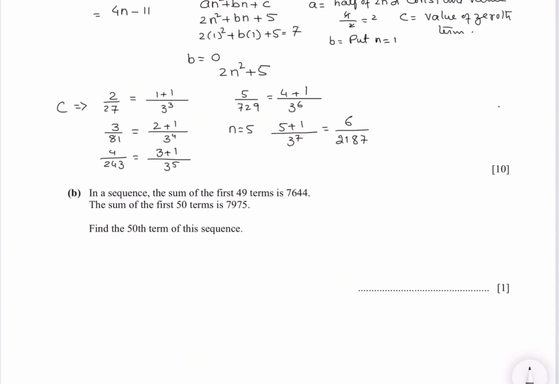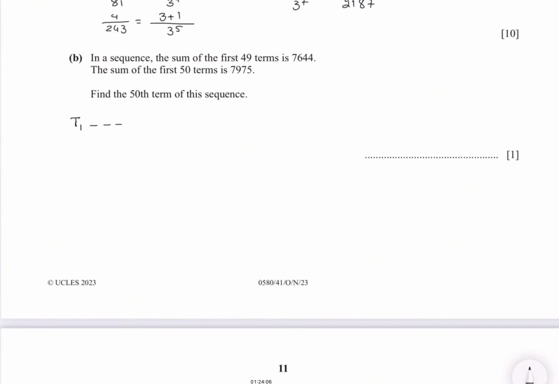Alright. In a sequence, the sum of the first 49 terms is 7644. The sum of the first 50 terms is 7975. Find the 50th term of this sequence. Okay, sum of first 49 terms: T1, T2, T3, T4 till T49 and then T50.